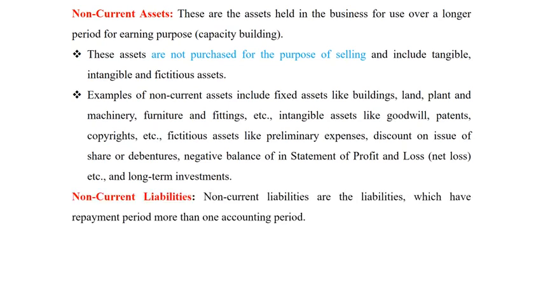Non-current liabilities, on the other hand, are the liabilities which have repayment period more than one accounting period. If repayment period is less than one accounting period, they are called current liabilities. If the repayment period is more than 12 months, they are distinguished as non-current liabilities.